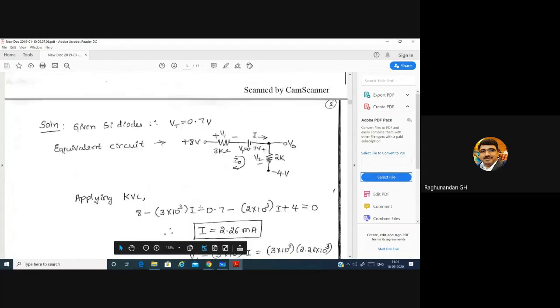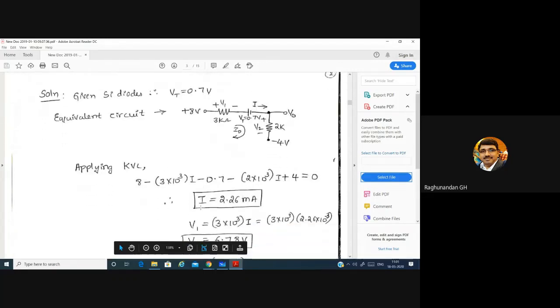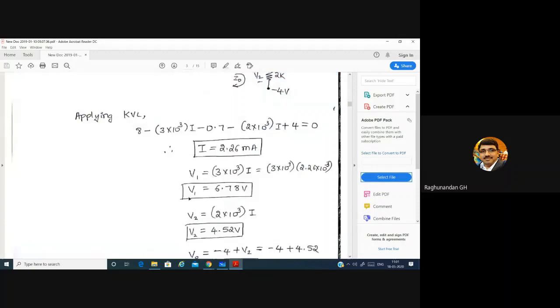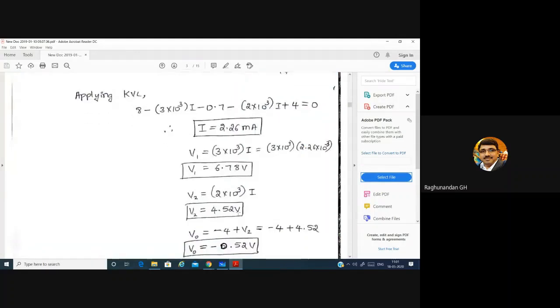Output: you can apply KVL to this and find it, since the output is taken between these two terminals, between this and this. So you can just consider the voltage drop across this resistance and this voltage. The voltage drop across the resistance is 4.52.